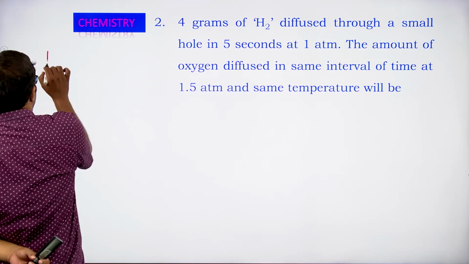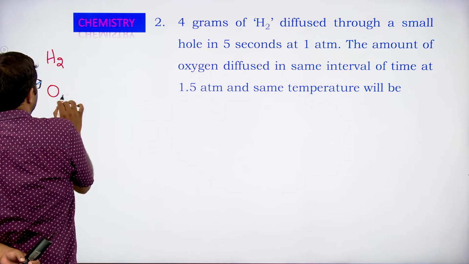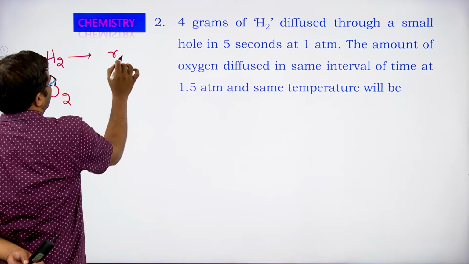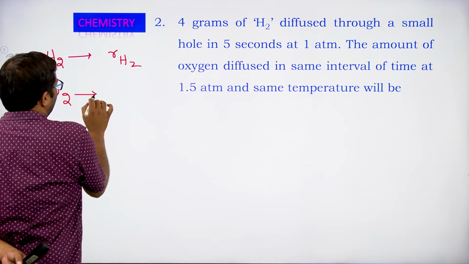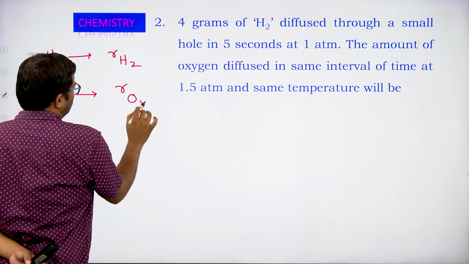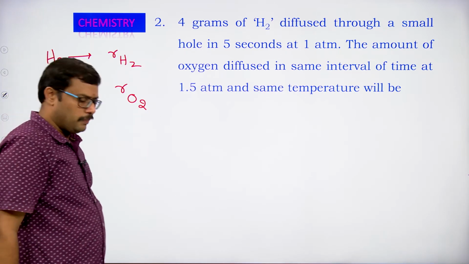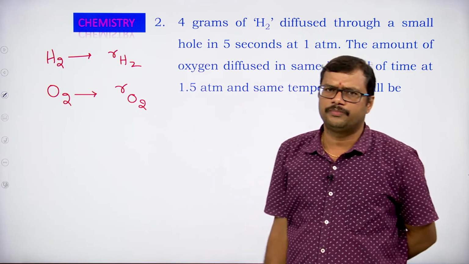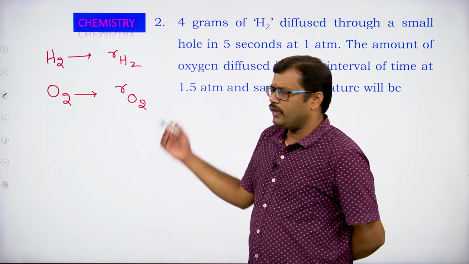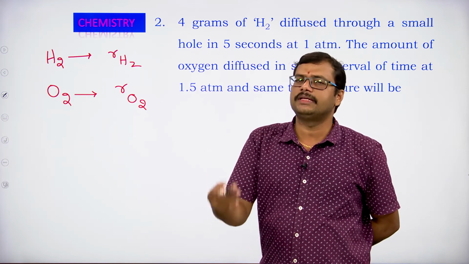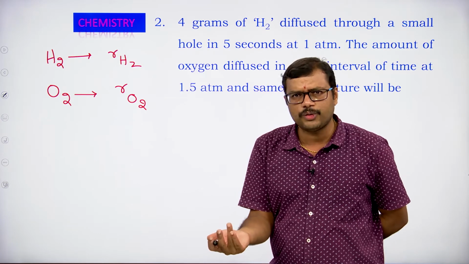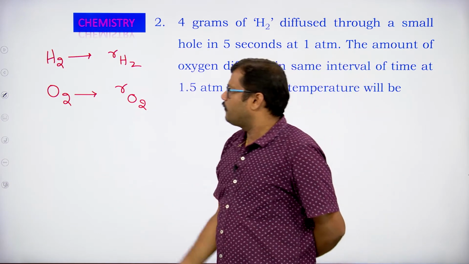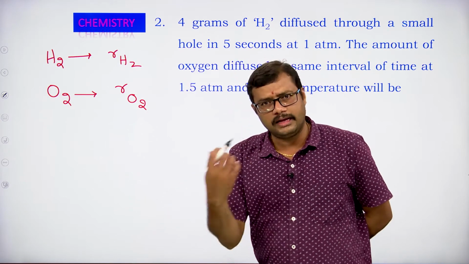So what could be the relation that we can expect in this case? For example, if I am going to write for hydrogen and oxygen, hydrogen rate of diffusion is RH2, let us say, oxygen rate of diffusion is RO2. So we can define the rate of diffusion in terms of moles also. As we have defined, the amount of gas diffused in a given time is taken as rate of diffusion. So here the amount of hydrogen gas diffused can be taken in terms of moles.